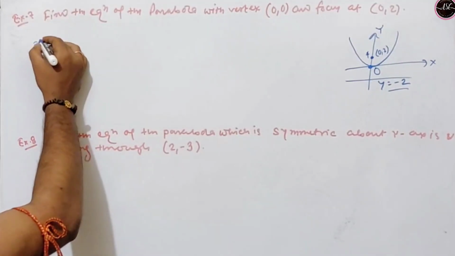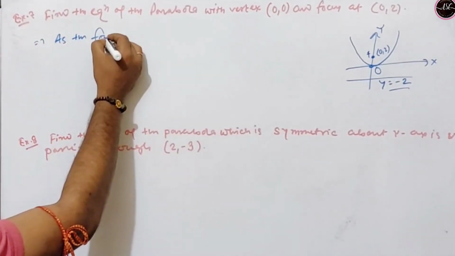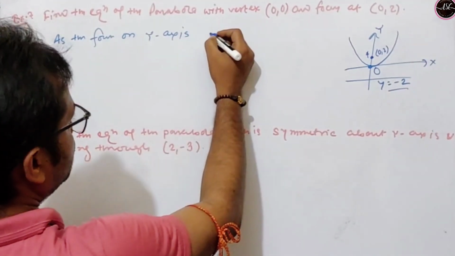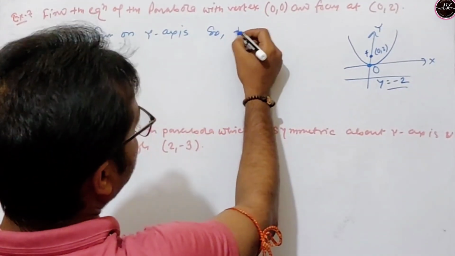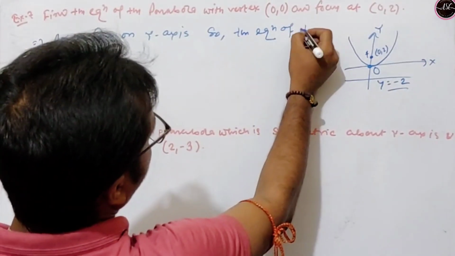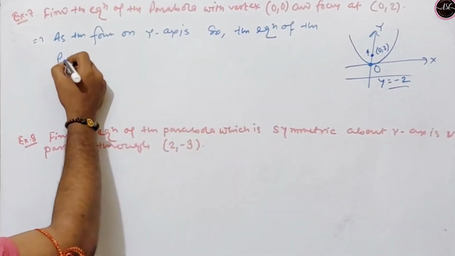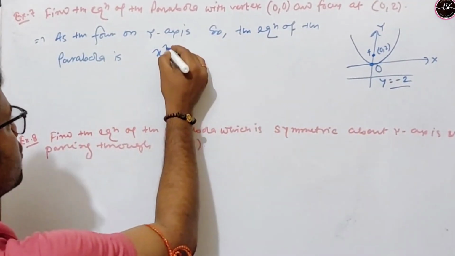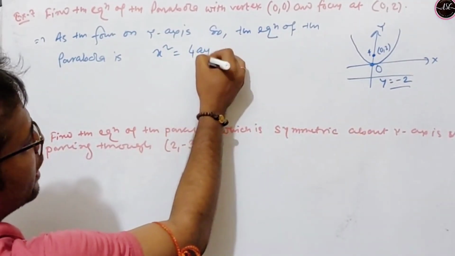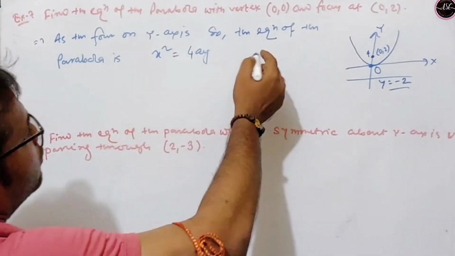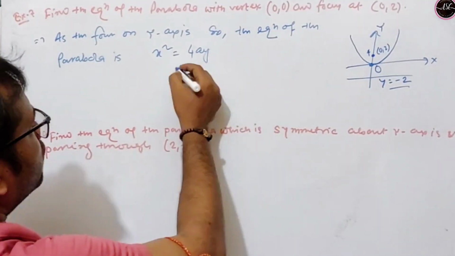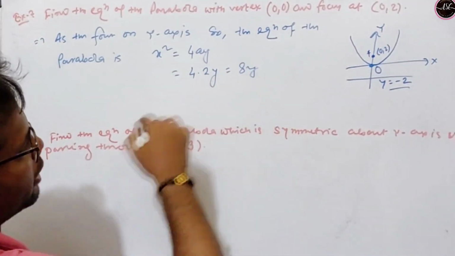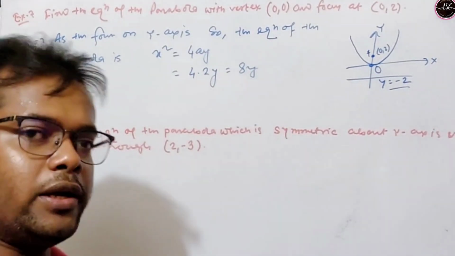As the focus is on the y axis and the parabola opens upward, the equation is x square equal to 4ay. Here a equals 2, so the equation of the parabola is x square is equal to 8y.